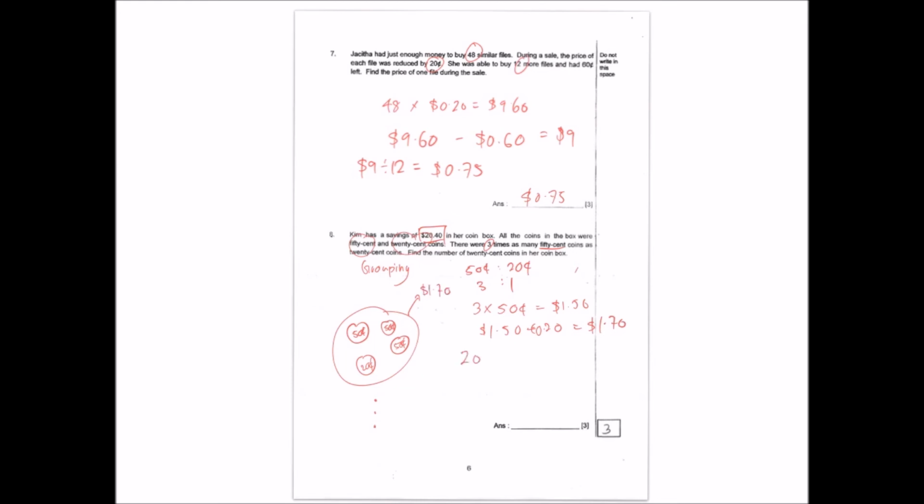You take 2040 divided by $1.70, and that will give you the answer of 12. So you have 12 of these groups altogether. If they ask you for the number of 20-cent coins, there is one of these 20 cents in each group. Therefore, 12 is the number of groups, but it is also the number of 20-cent coins.